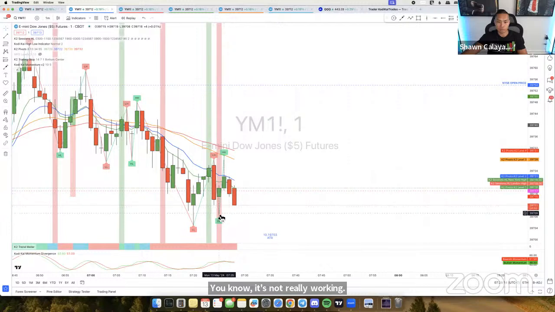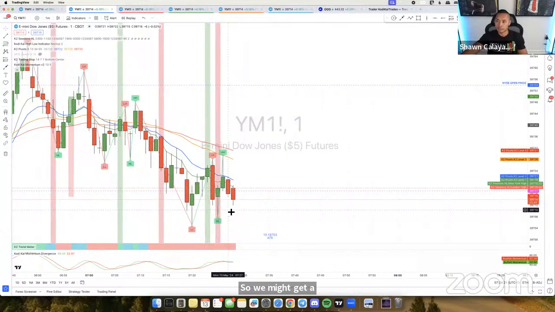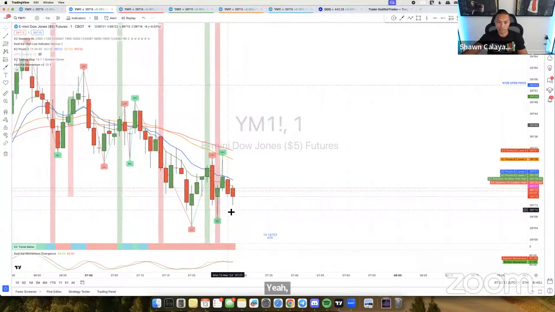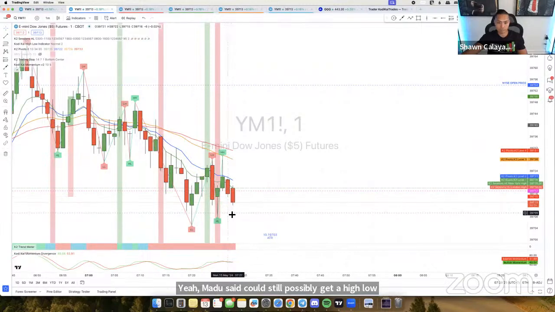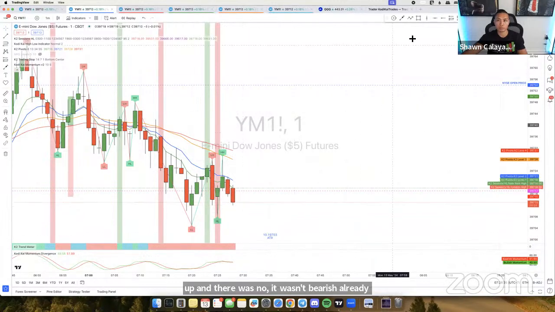Medusa could still possibly get a high-low scalp and divergence. That's a possibility. The only thing right here is that the sell signal came up and it wasn't bearish already. So this is going to be the first swing to the downside. You would have to wait for it to swing back up. Technically, it can still come up.